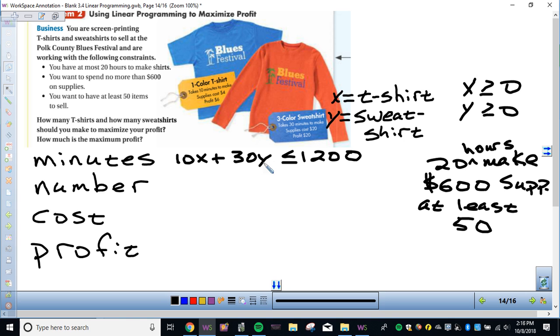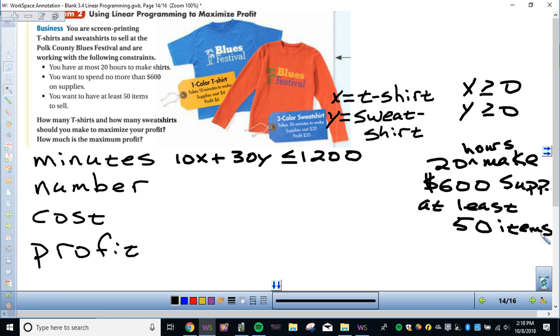Okay, so when they give you these little tags, you know you're going to have one equation for minutes, one equation for supplies. The objective function, the one we're trying to maximize, is almost always the profit. So we've got the number of t-shirts. That's at least 50 items down here. If it's at least, is that greater or less than?